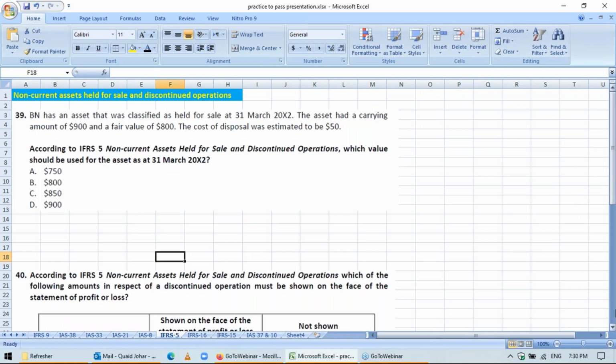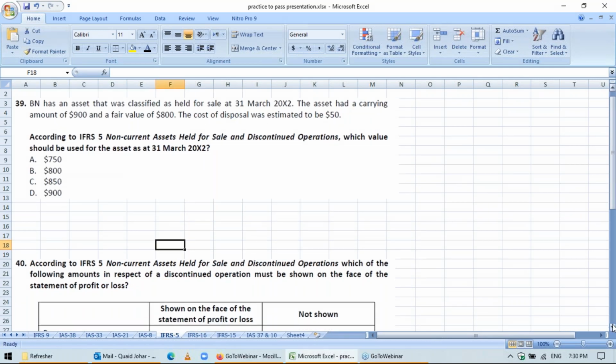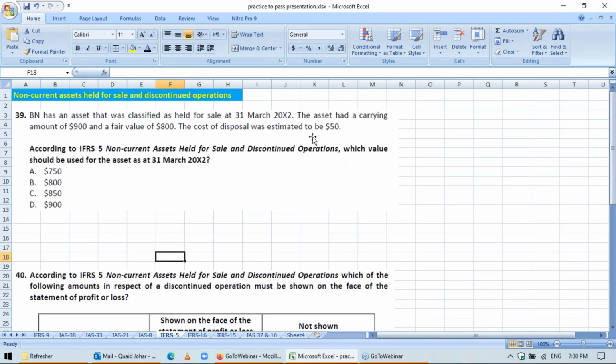Students, IFRS 5 covers those assets which have been decided to be sold in the next year, or after the end of the reporting period in a very short time interval.